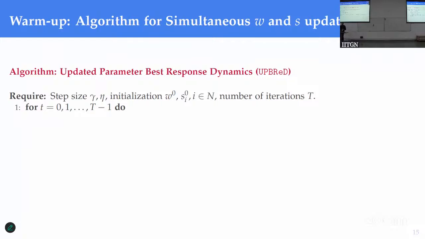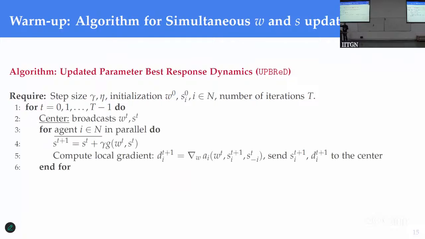In every round, the center is broadcasting the current W_t and S_t. Each of these agents independently chooses their S_i, taking, let's say, one gradient step. Because this is a gradient ascent step, it is positive.